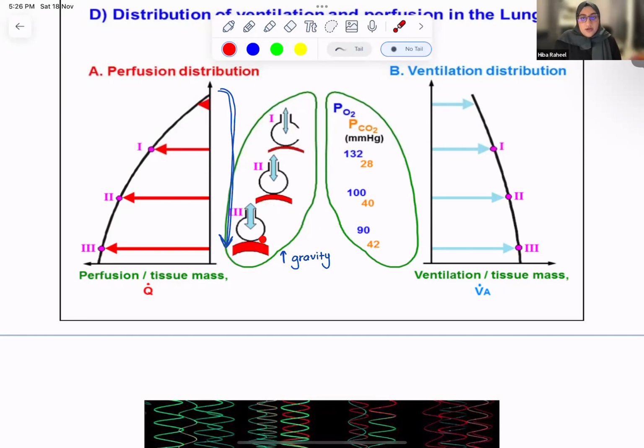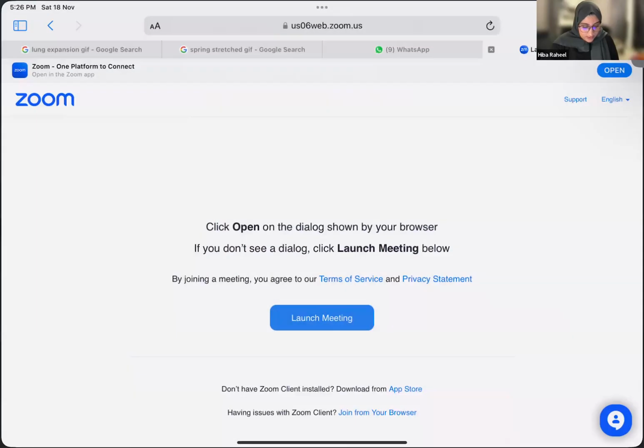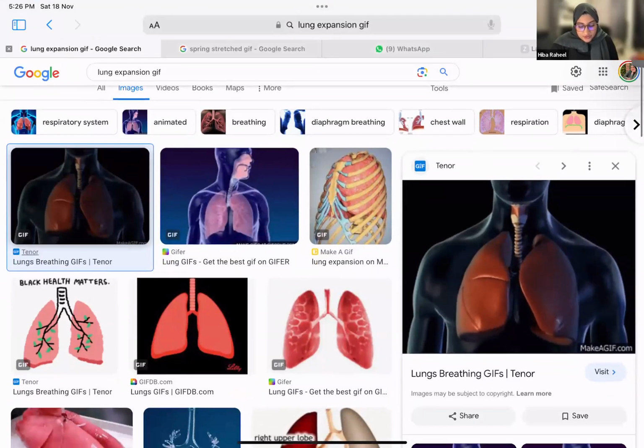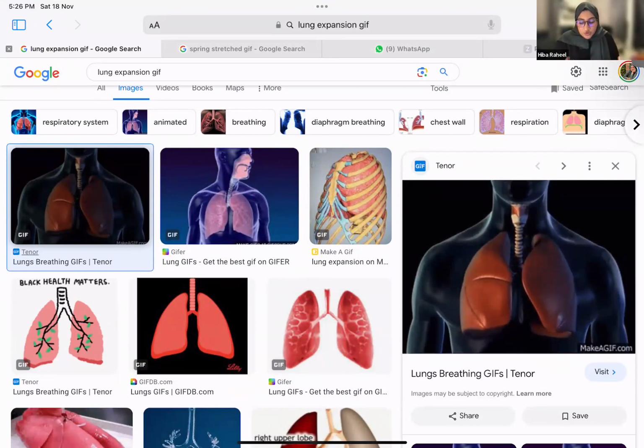All right. Now, for the ventilation, to understand this, I want you to see how the lungs expand. This is how the lungs expand. As you can see, the apex is not expanding as much as the base does. When we breathe in air, the base of the lungs expands more than the apex, right?